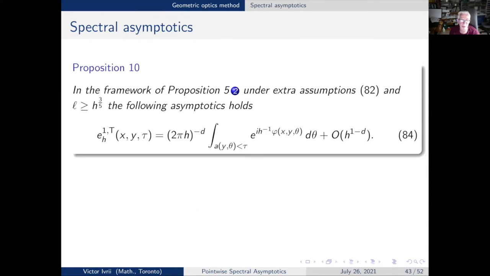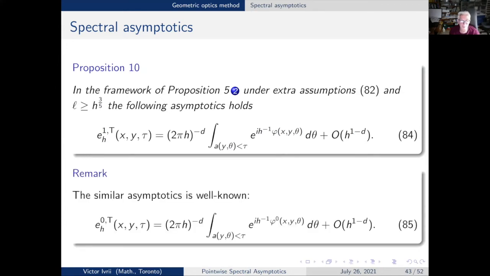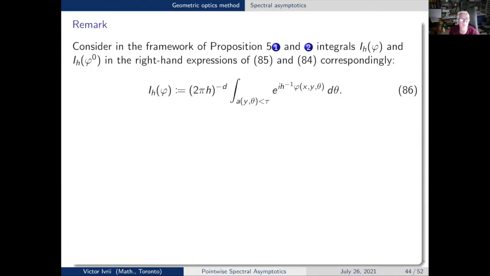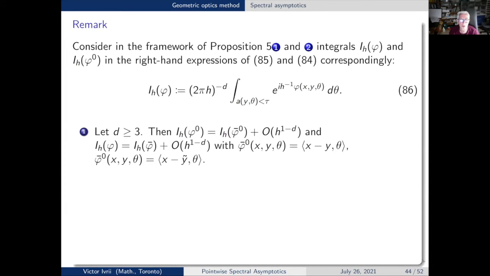And then the corresponding Tauberian expression could be simplified. And then we consider these different oscillatory integrals.